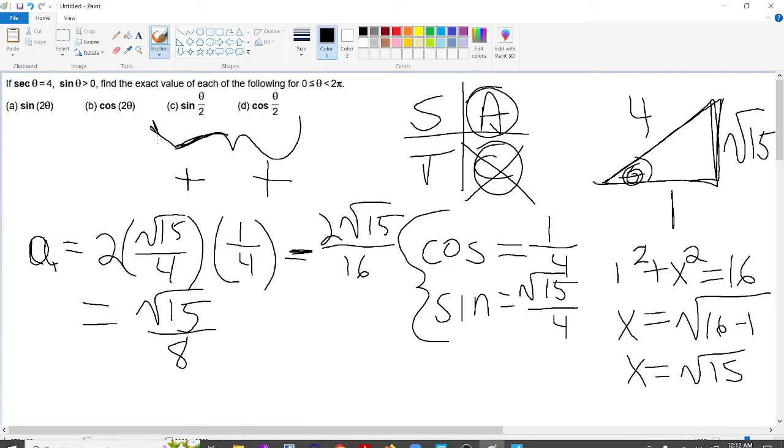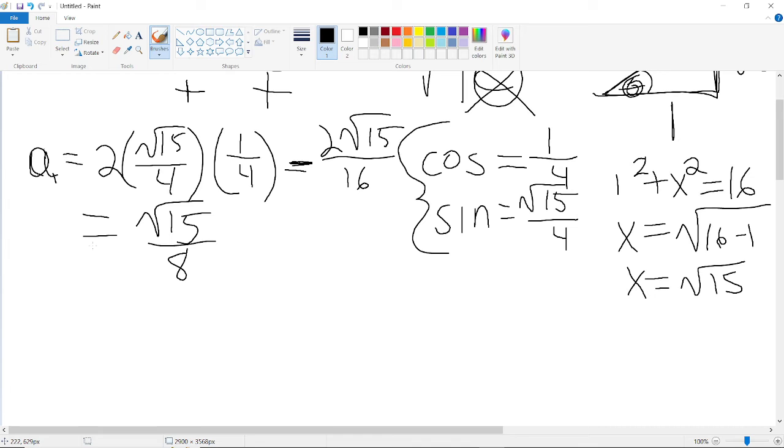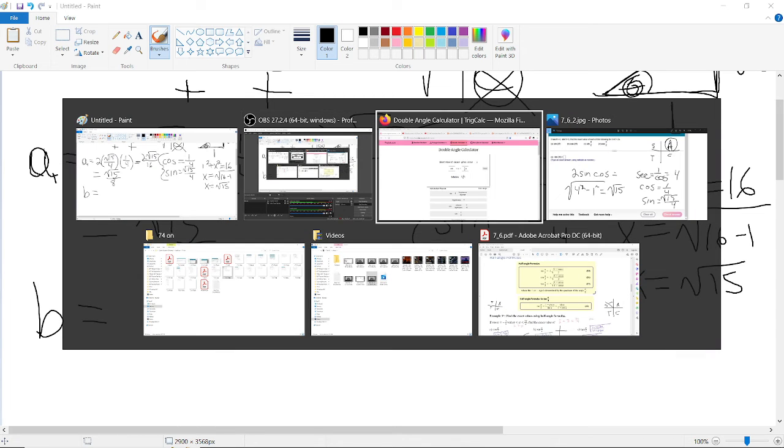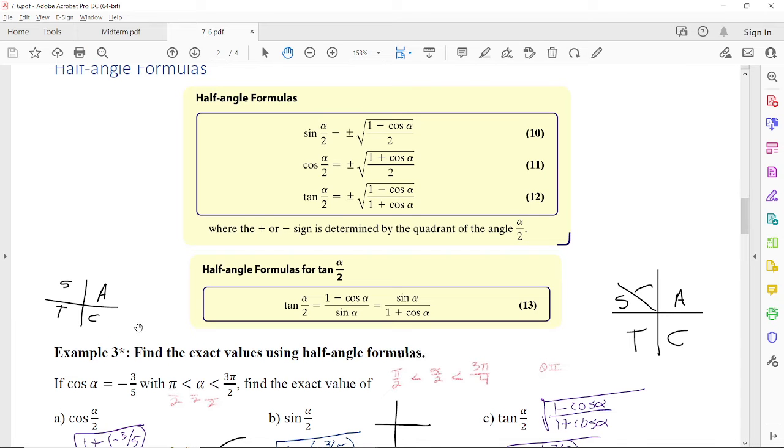So here is B, cosine of 2 theta, and we'll use, well, let's see. Let me look at them and see which one I would like to use.